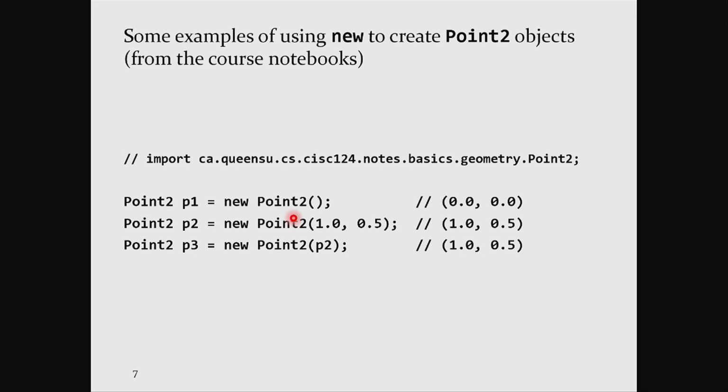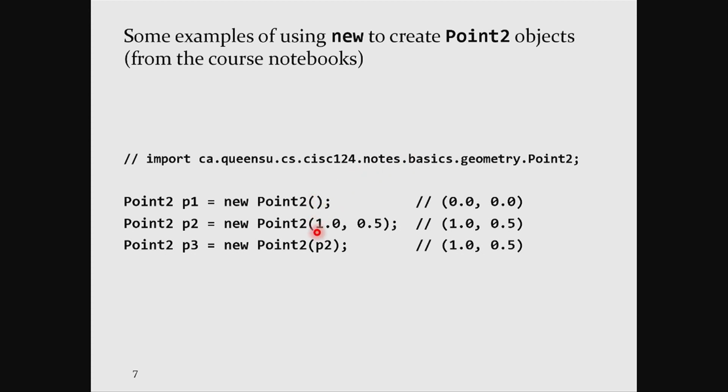Once you write new Point2, new returns a reference to that newly created Point2 object, so you can store that reference in a variable, p1 of type Point2. That causes a lot of things to happen: memory gets allocated, the object gets initialized, and a reference to the object gets returned to the caller.